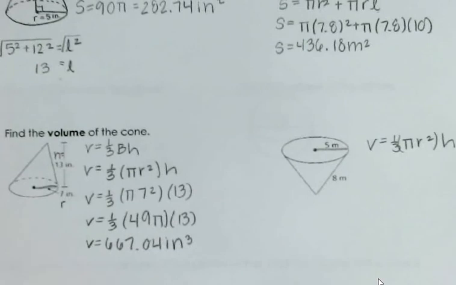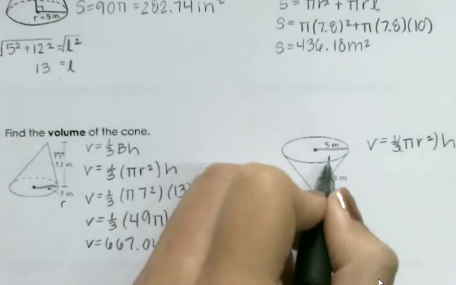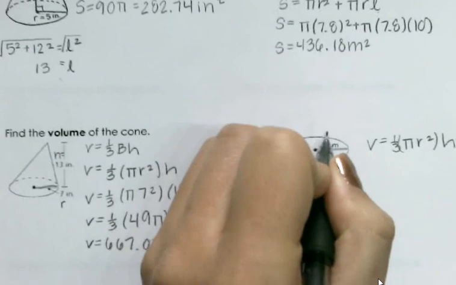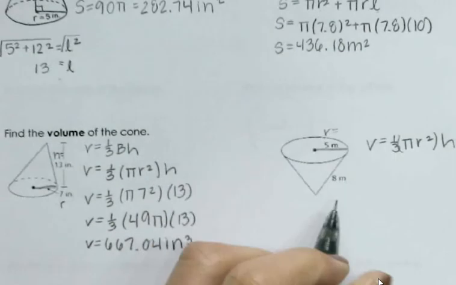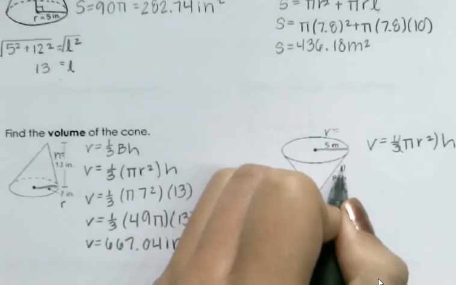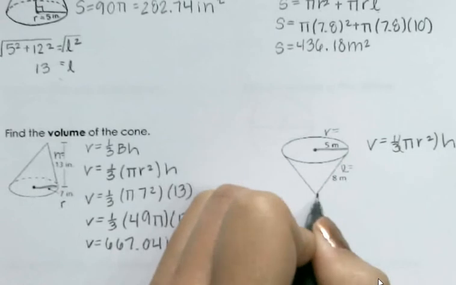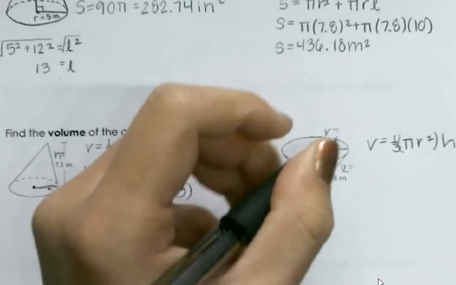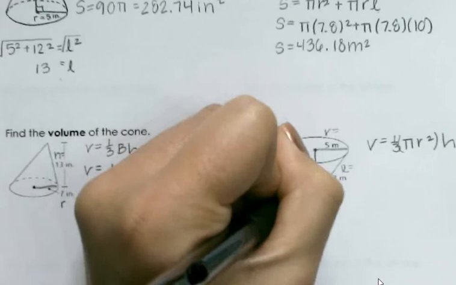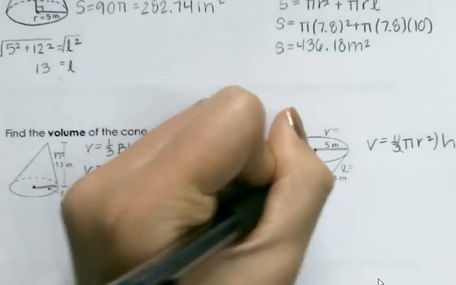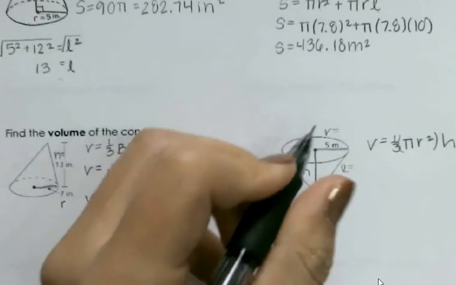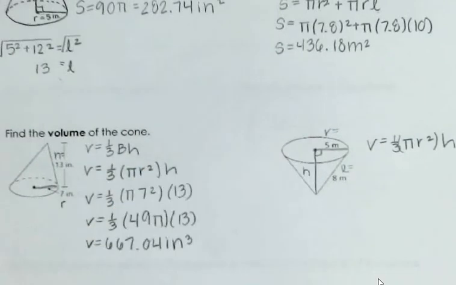So, let's see what we're given here. Our radius, r, and then this is L, our lateral length, because it's referring to this edge. So what we need to find then is h, right? So again, this gives us a right triangle there.